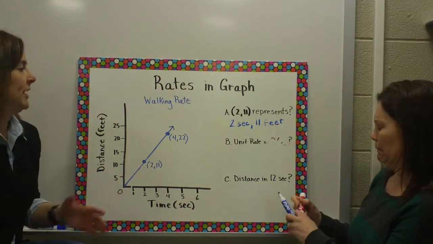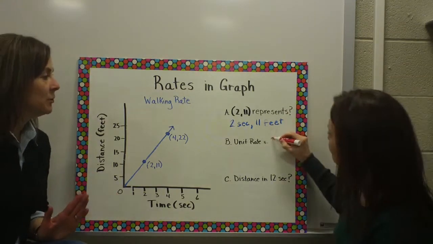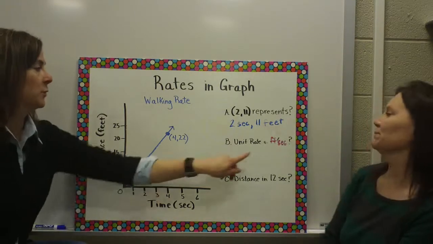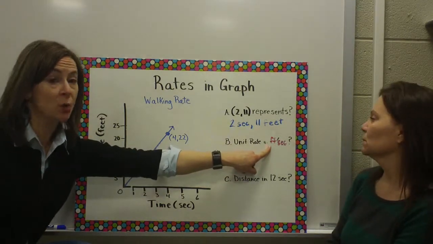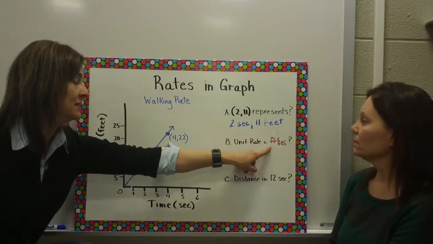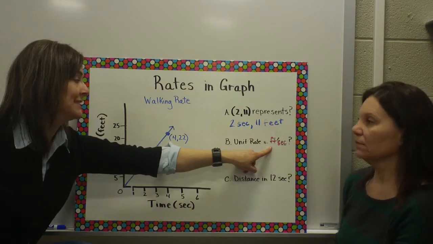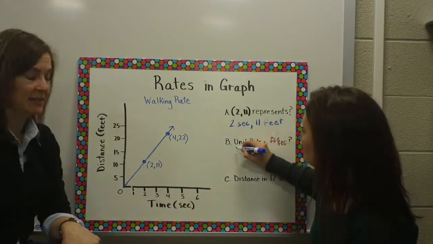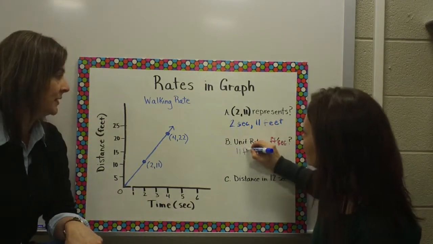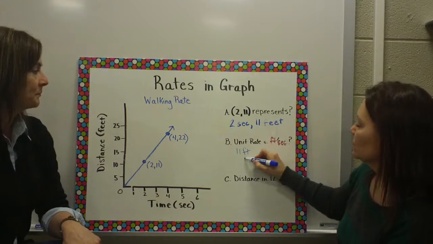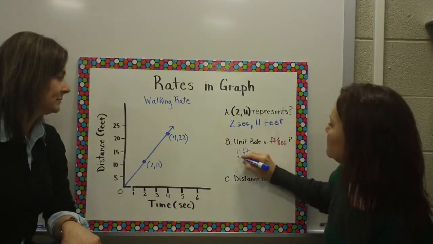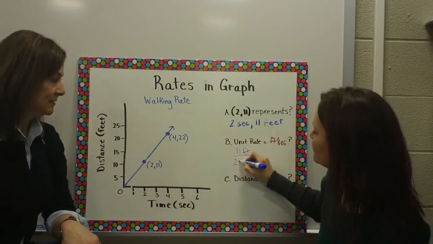The second question asks, what is the unit rate in feet per second? So I really have to pay attention to the order when they're asking me for unit rate so that when I'm representing it, I put the 11 feet first as my first number, then my division bar, and my time, or 2 seconds, second.